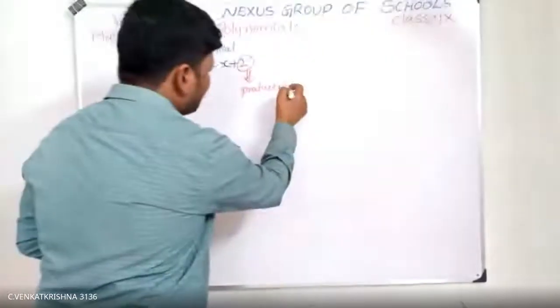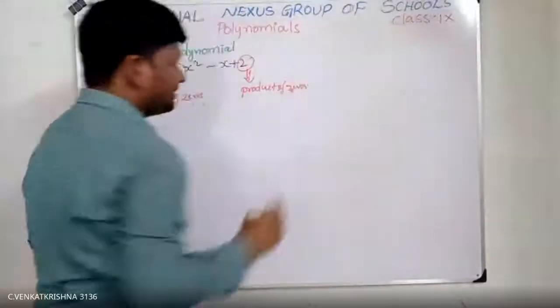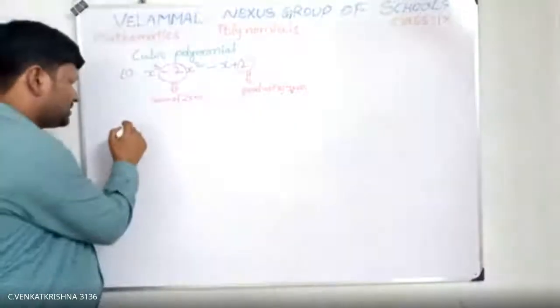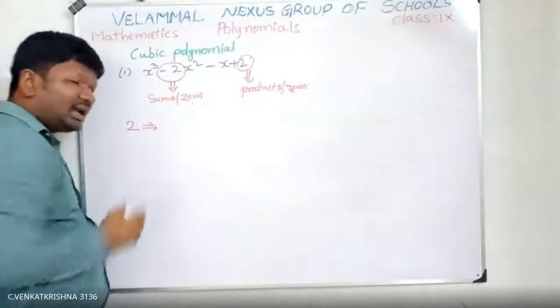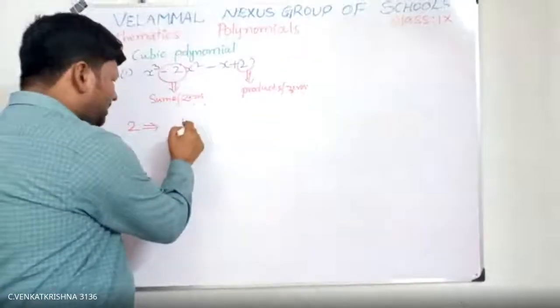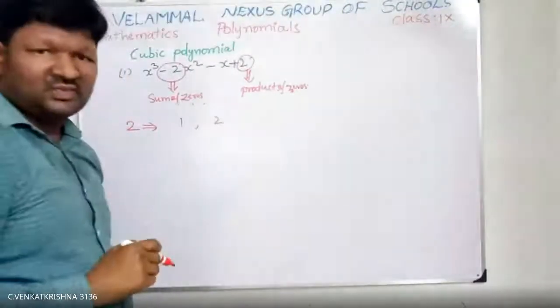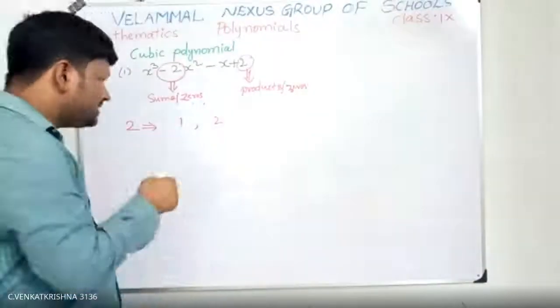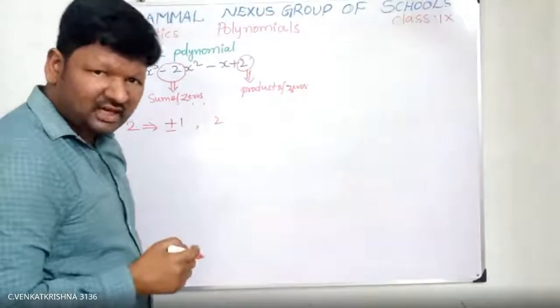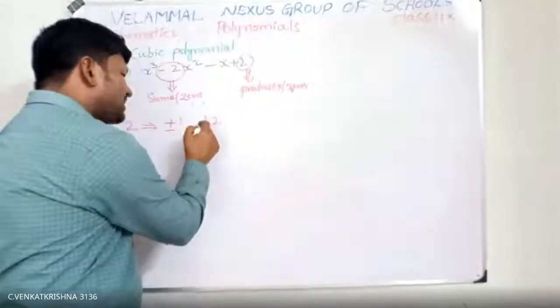Then we can observe the constant number is 2. Here what are the factors of 2? We know the factors of 2 are 1 and 2, only 2 factors, 1 and 2 itself. So in this polynomial, we can consider plus or minus values: plus or minus 1, plus or minus 2.